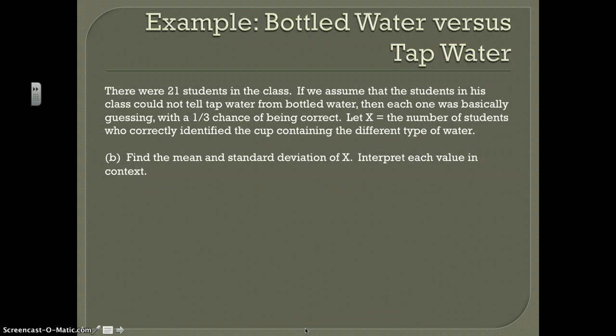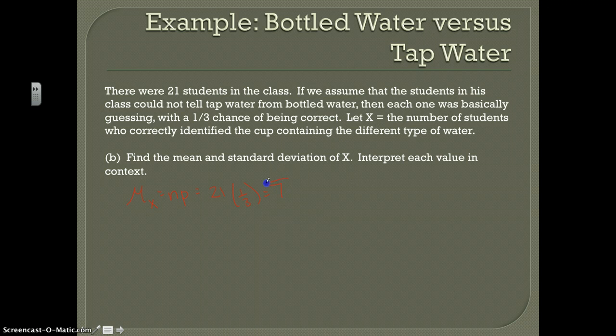Okay, so there were 21 students. Now we're just going to find the mean and standard deviation. Let's first talk quickly about the mean, and I say quickly because we couldn't be given any easier numbers here.